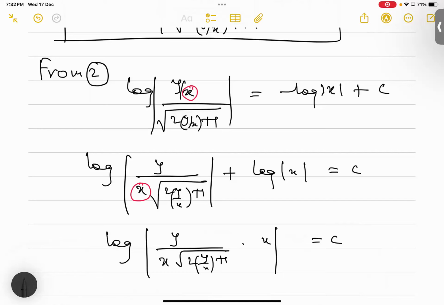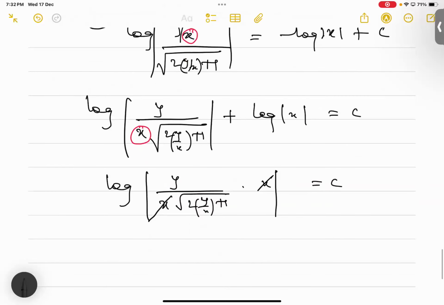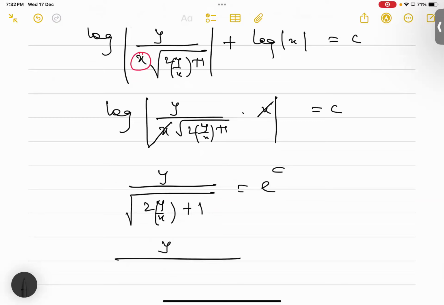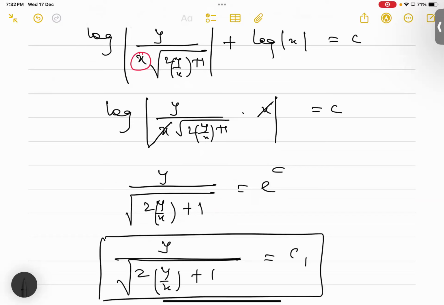But then this x will also get cancelled, right? And she's absolutely right. Log A is equal to B. A is equal to what? E raised to c. Group of constants, C1. General solution. Clear?